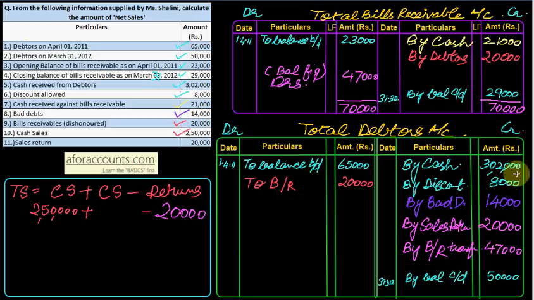Now simply take the total of these 6 items and that comes up to 4,41,000.